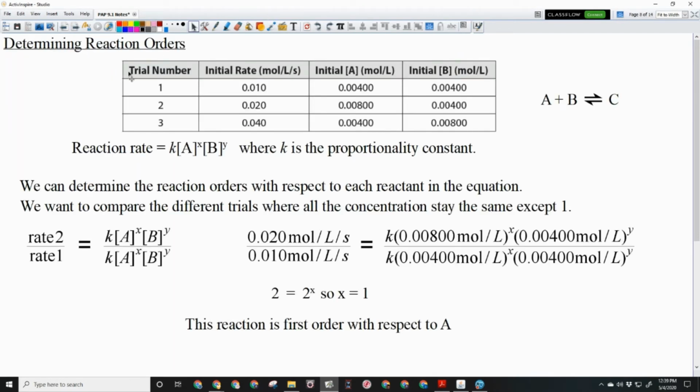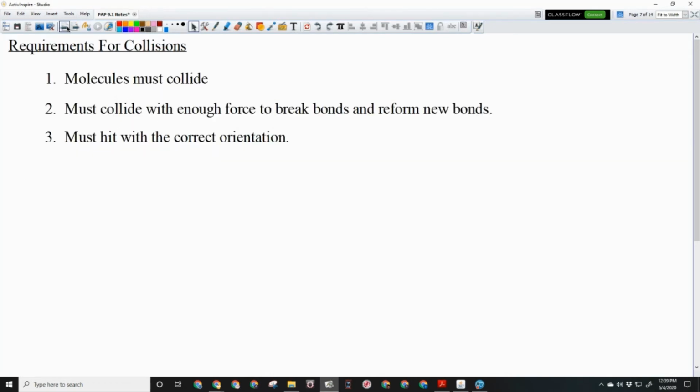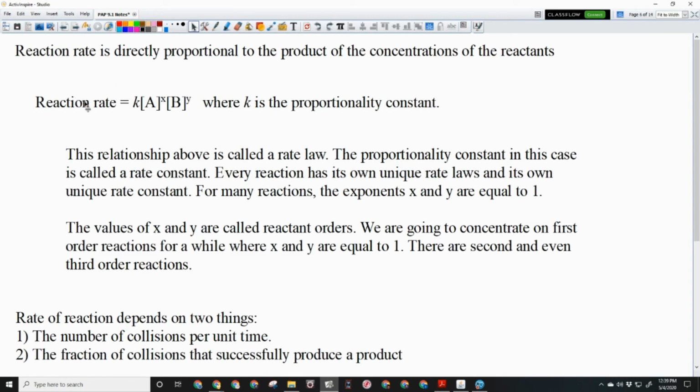All right, so with all of that, we can now use what we know about reactions and this equation here, where we have the reaction rate, this rate law, and we can now calculate the order of the reactions, the constant for the reaction, and also the reaction rate.